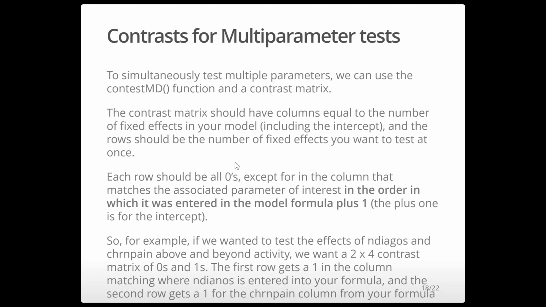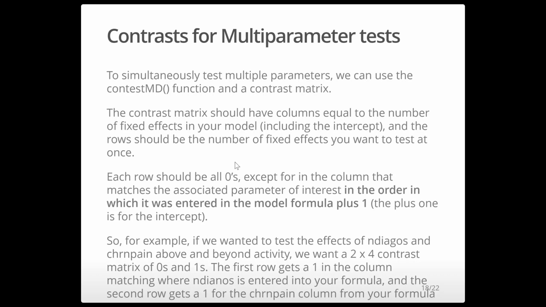So it's the number of predictors plus 1. And then it should have rows equal to the number of fixed effects you want to simultaneously test. Each row should be all zeros except for in the column that matches the associated parameter of interest, in the order that it was entered into the model formula, plus 1. Remember, you've always got to add 1 for the intercept.